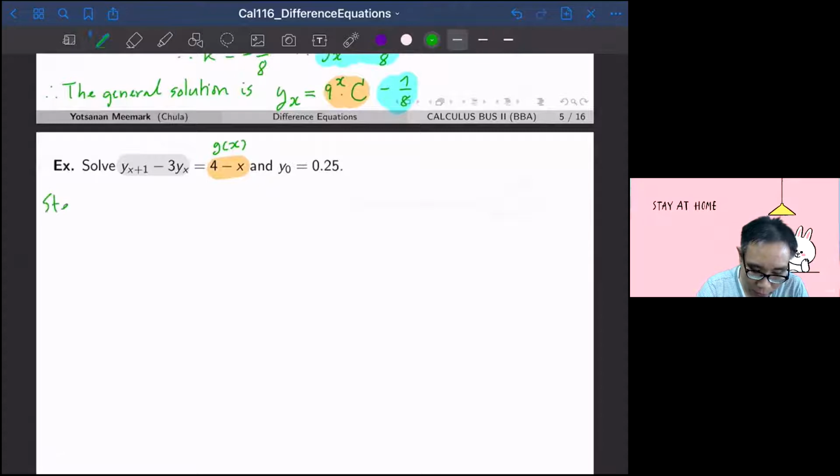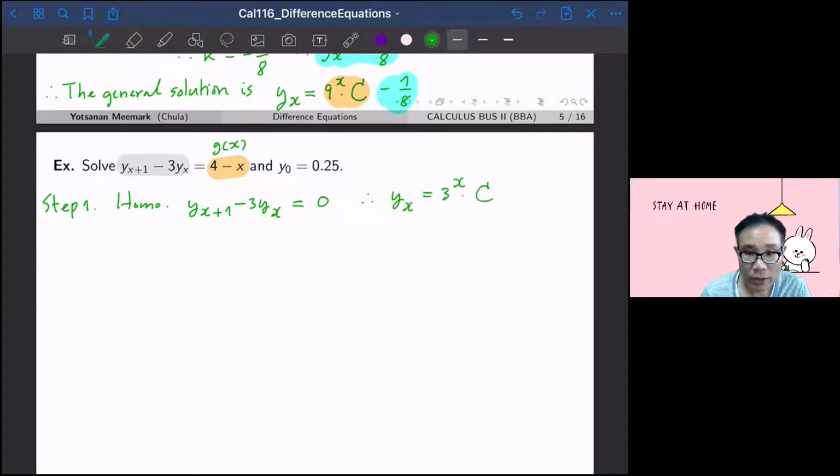Step one, you're gonna do the homogeneous: y(x+1) minus 3y(x) equal to 0. So you're gonna get y(x) equal to 3 to the x times C, where C is a constant.